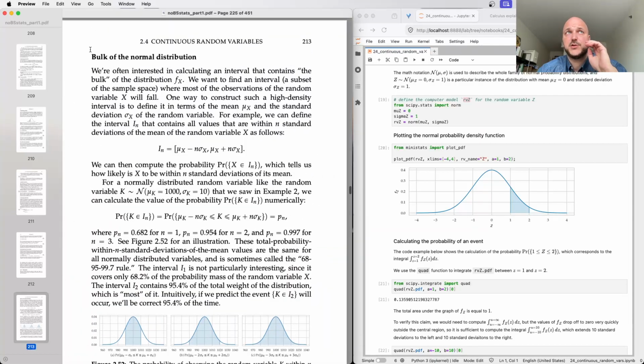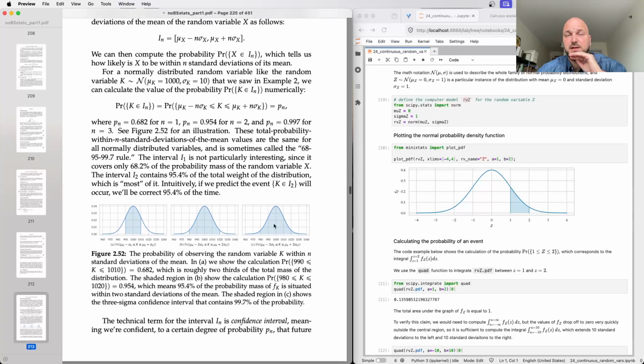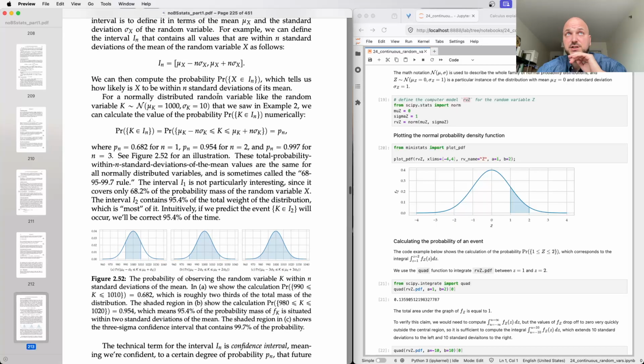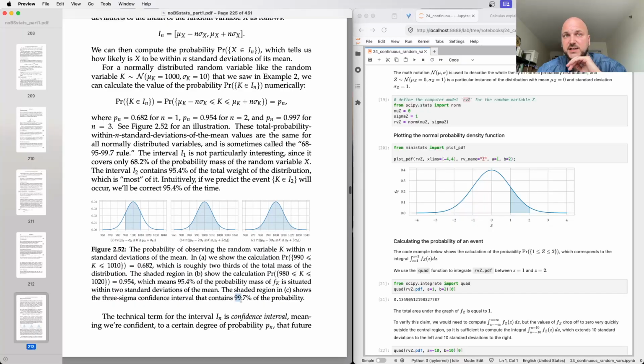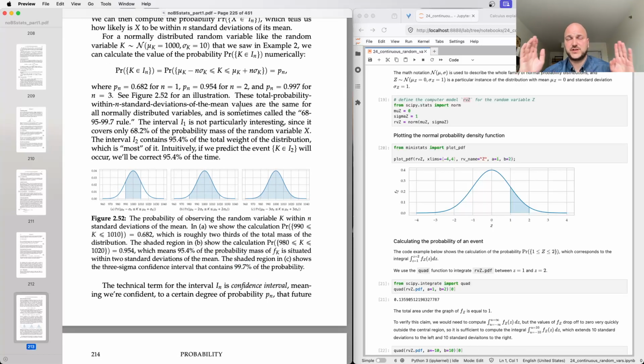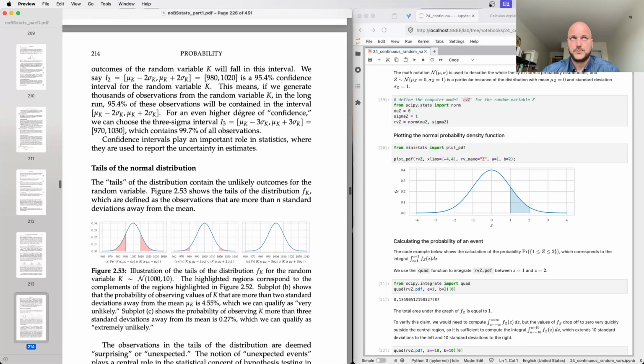So that's why we call it the bulk of the distribution. If you go 3 standard deviations away, then you get 99.7%. That's pretty much all of it. So that's a little foreshadowing: the distribution goes all the way to infinity, but if you cut off at 3 standard deviations to the left and to the right, you get most of it. So that's one way to describe a high probability interval.